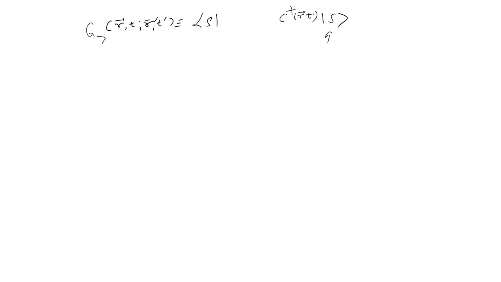I create a particle at position r at time t, and then at a different time I decide to annihilate the particle with the same statistics. Notice that in quantum mechanics particles are all indistinguishable, so you can't really keep track of a certain particle, you can't follow it around so that you can annihilate or create the same particle.